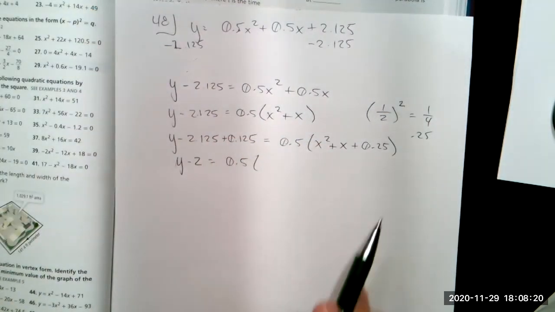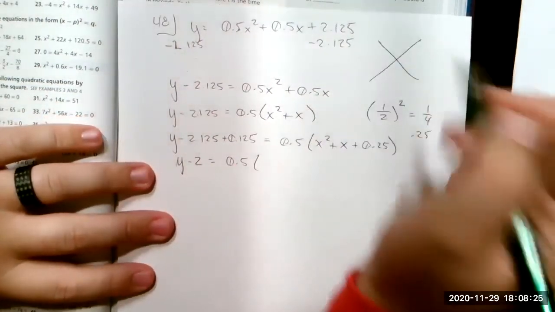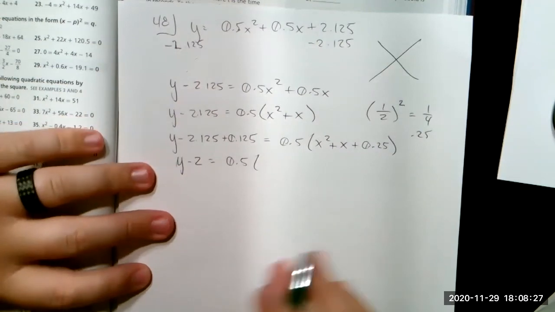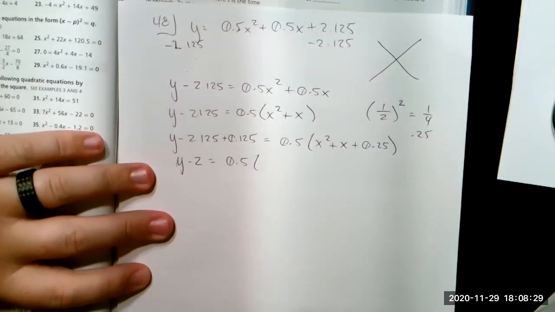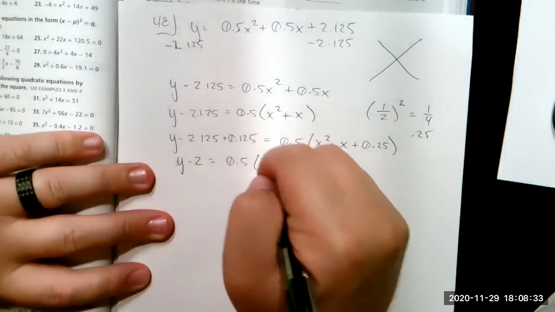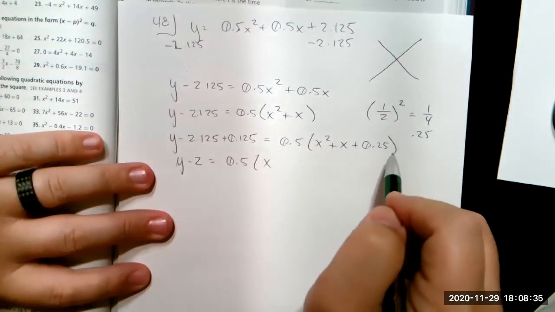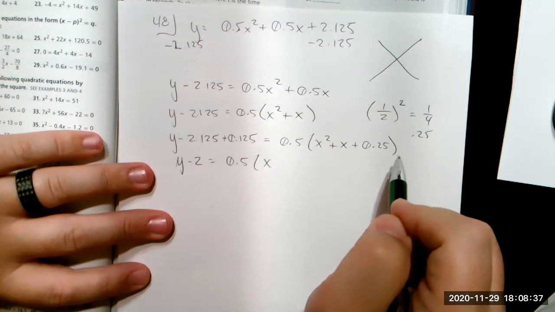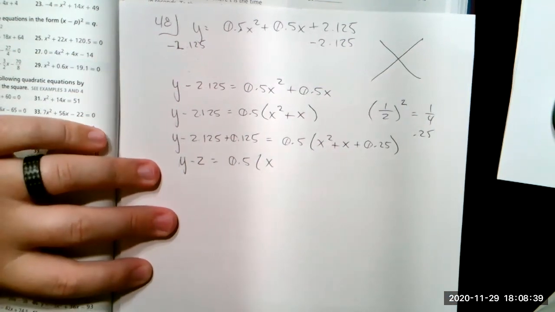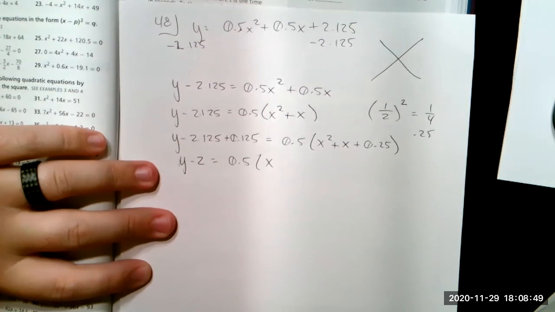When I factor this, like I said before, you could come over here and you could draw yourself an x, and you can go through that process. But once you start getting decimals and things like that, it becomes a little bit more difficult. So I think I'm just going to stick with just taking the square root of that number right there. So the square root of 0.25 is going to be 1/2.